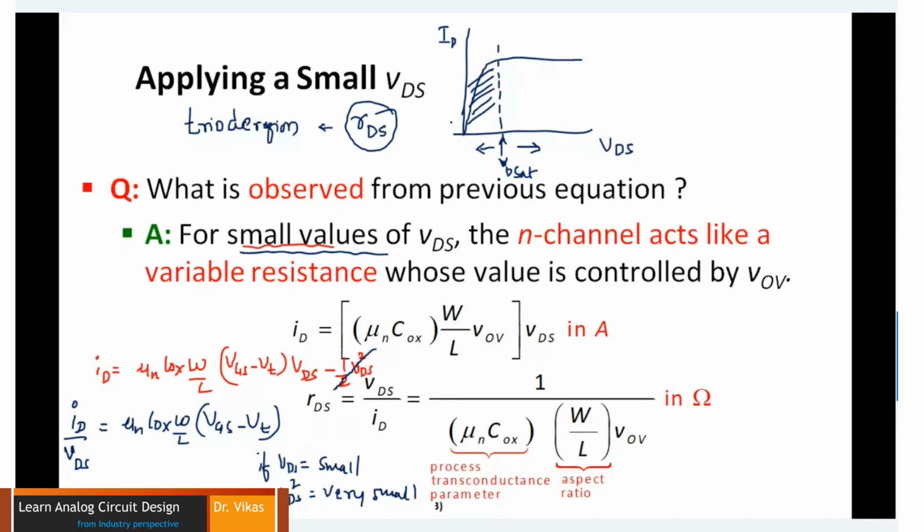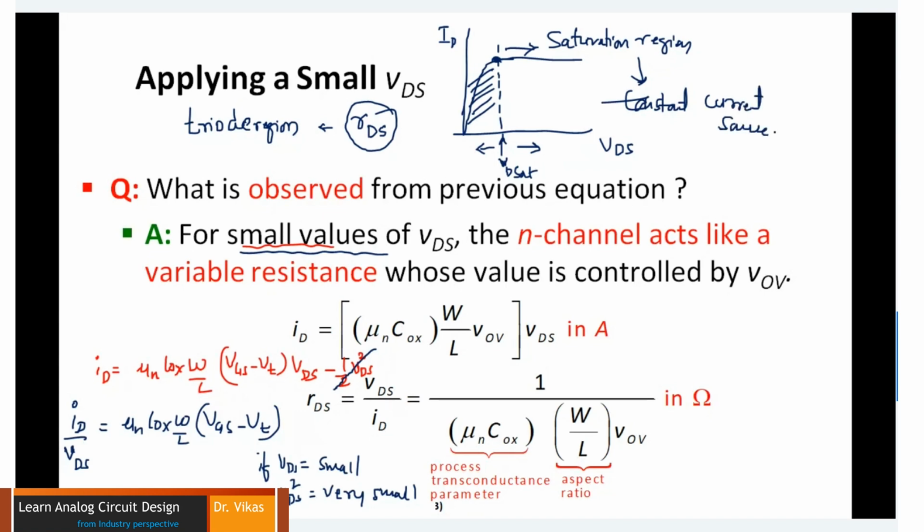And the same MOSFET equation behaves as a constant current source, because after a particular value of VD sat, my current is going to remain constant. So in the saturation region, my MOSFET is going to behave as a constant current source.